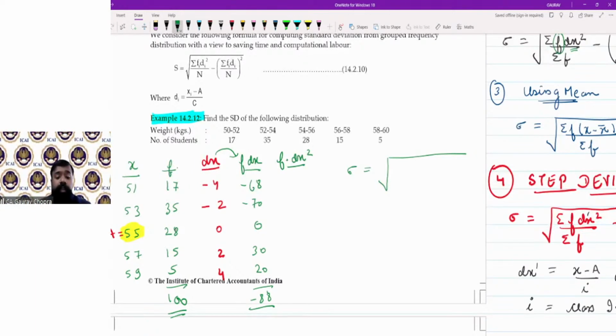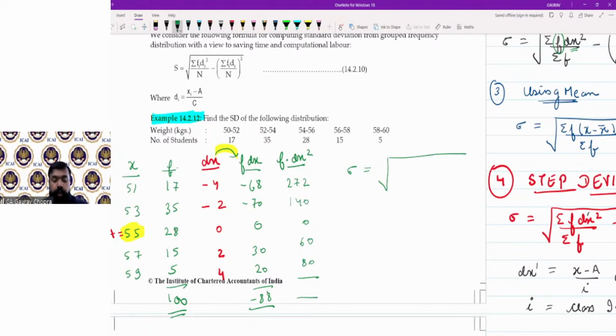So for f dx square, the square is on dx. How to calculate? Multiply dx with f dx, and you will get f dx square. So minus 4 multiplied by minus 68 will be 272, then 140, 0, 60, and then 80.